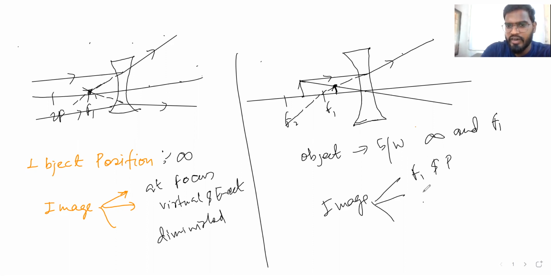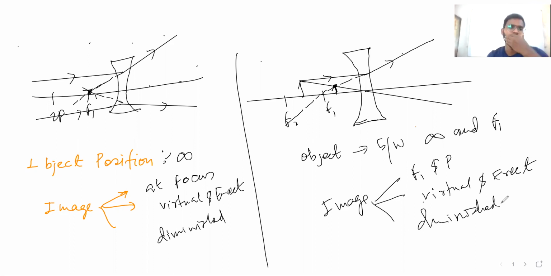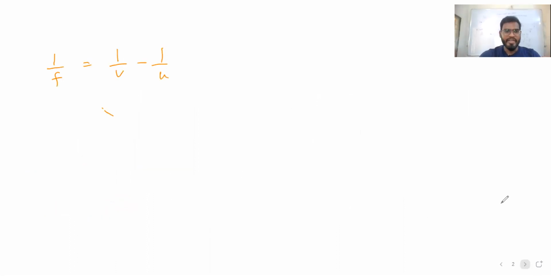Of course it is virtual and erect, because rays of light are not actually meeting. Virtual, erect, and diminished, right? That's it. So these two ray diagrams, the image formation for the concave lens, we should know.